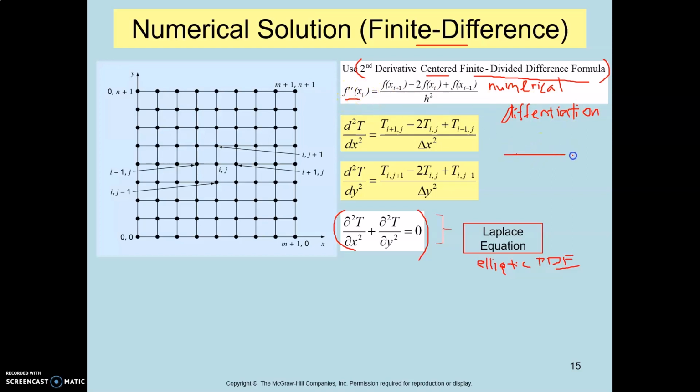So let's say you have an x dimension here, and xi here, so the point afterward is i plus 1. The point before is known as xi minus 1. So the step size between points is h. H is the step size.